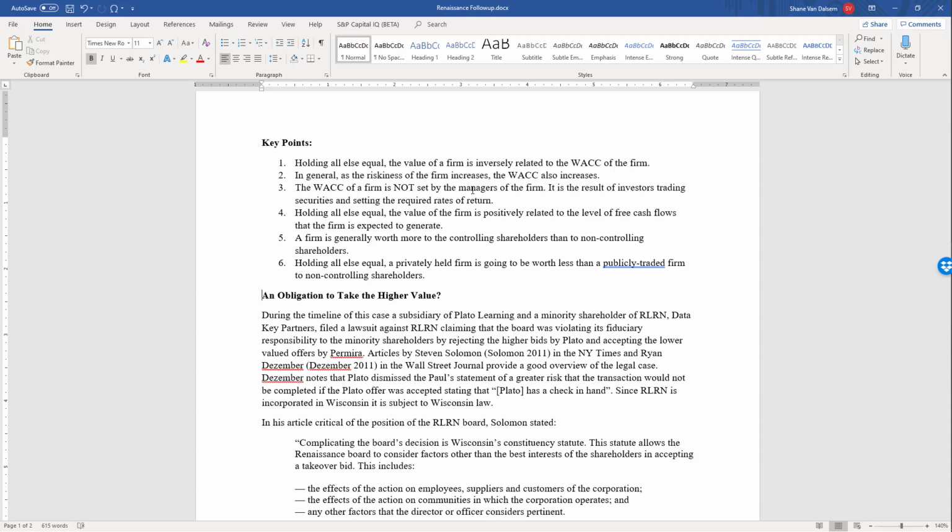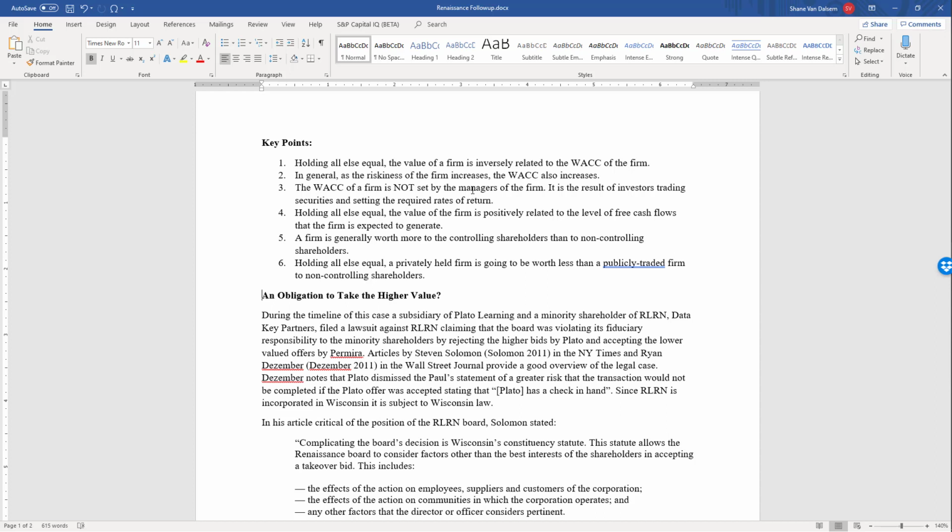This comes into play when we talk about the conclusion to this case, but when we think about valuing that company, it's going to be worth more to the Pauls, and it's worth more to the Pauls because they get to control how those cash flows come out of the company. They're the ones deciding through their board of directors how much dividends the firm's going to pay.